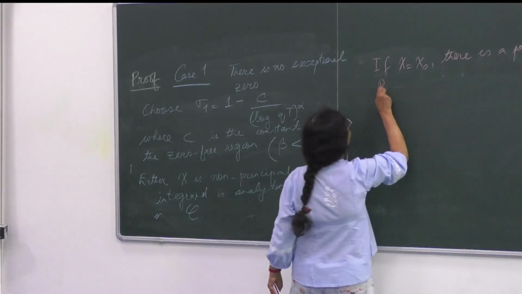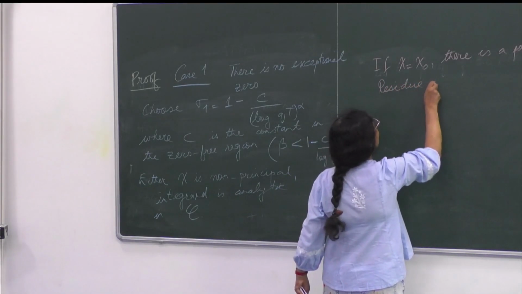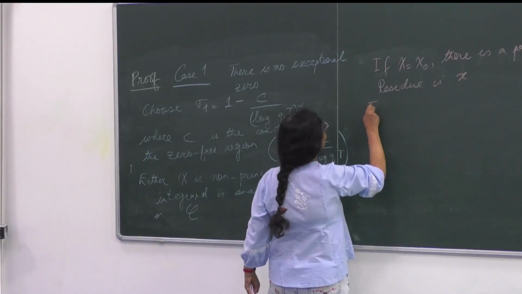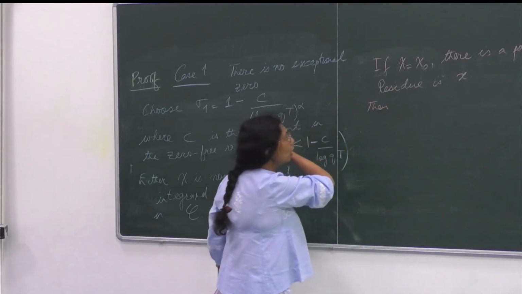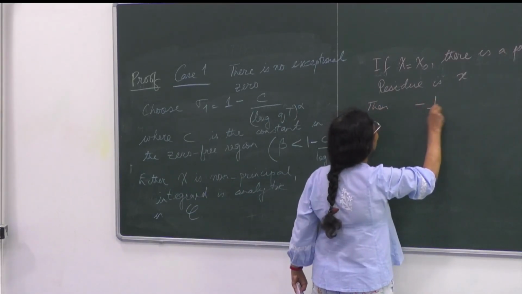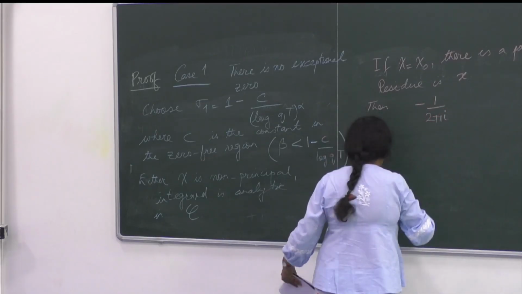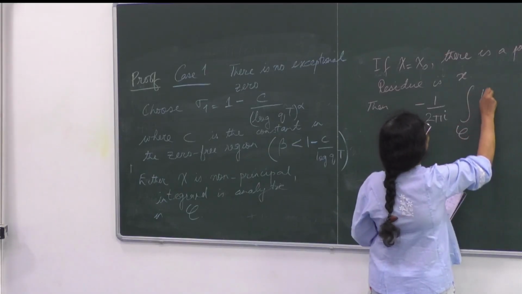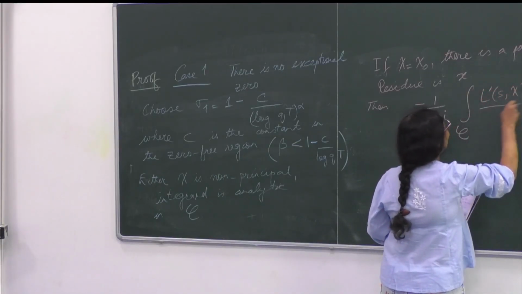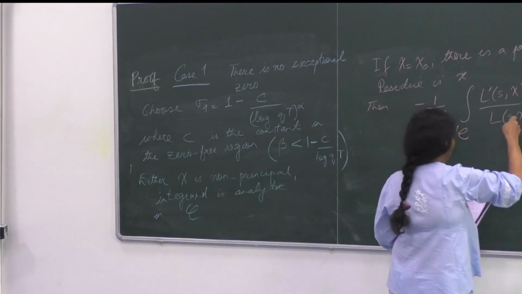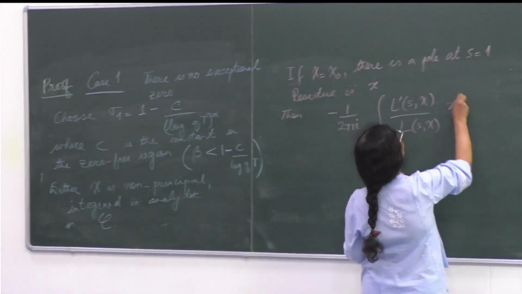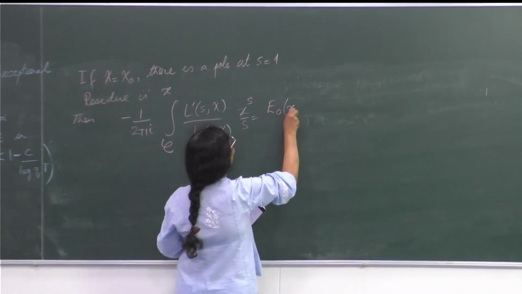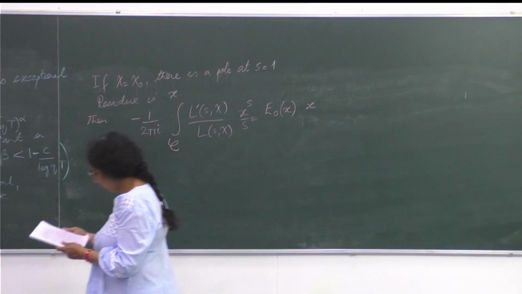And the residue is x. Then what we had, minus 1 by 2 pi i, I'm taking this integral over C, L prime s chi over L s chi, x bar s by s. This is now equal to E0 x.